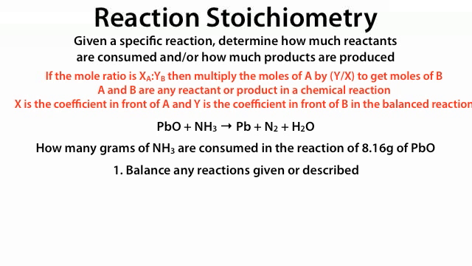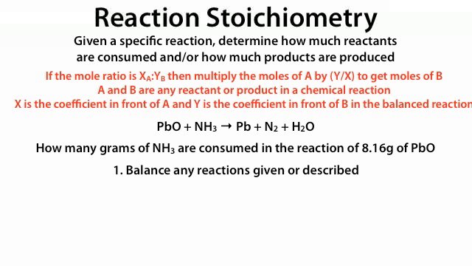Balance any reactions given or described. In any stoichiometry problem, or any problem where a reaction is given or described for that matter, your first instinct should always be to check if the given or described reaction is balanced.